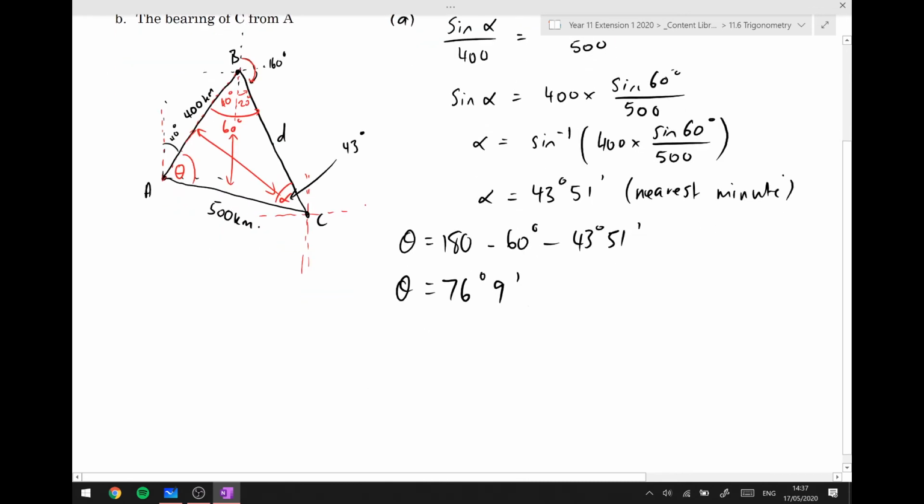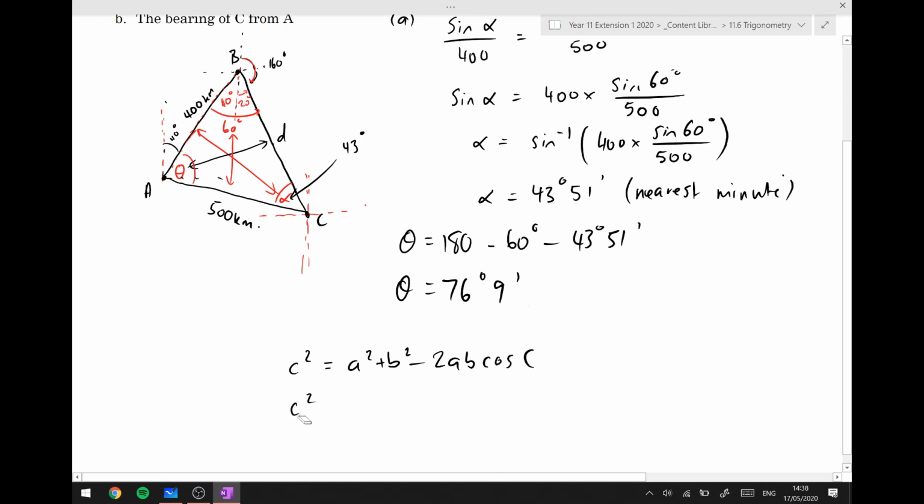Now that we've got this value down here, we can use the cosine rule to work out this last bit. So cosine rule, c squared is equal to a squared plus b squared minus 2ab cos c.